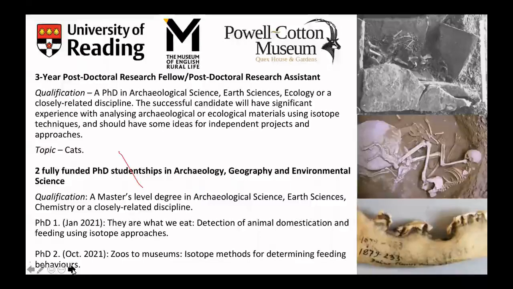But the key thing is that they can't be frightened of mass spectrometers and doing analytical work. We want someone with a good skill set in analysing isotopically either modern animals, humans, or archaeological remains, and a real interest in that. So quite a broad range of backgrounds.